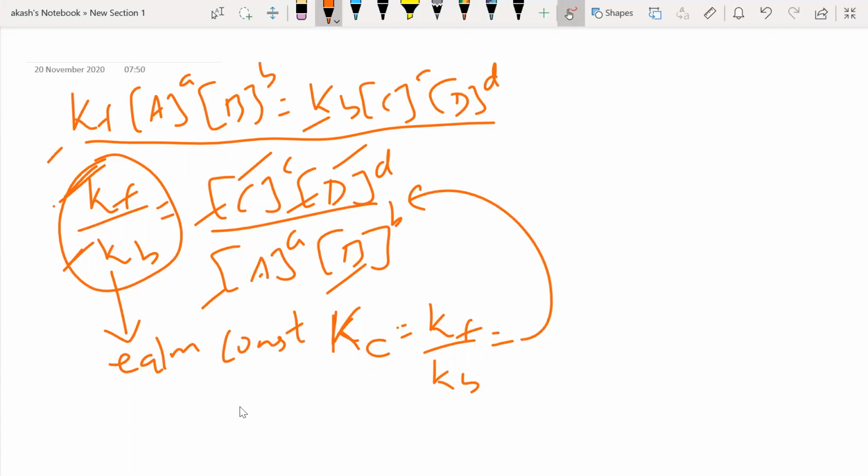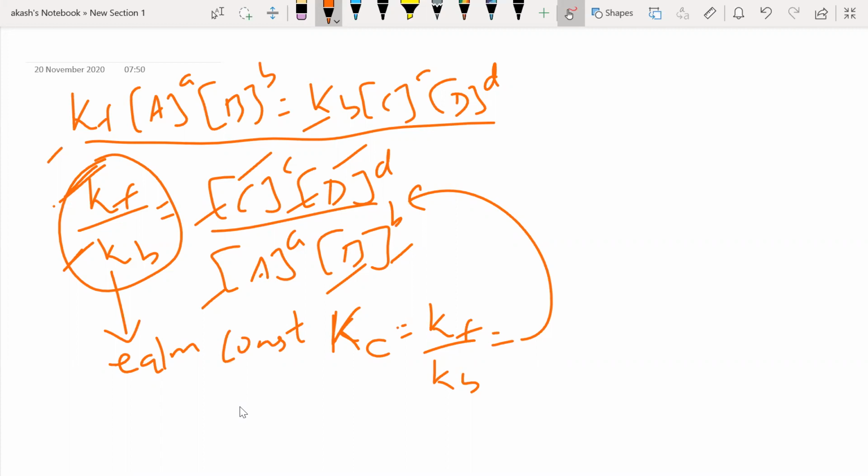Whatever the concentrations are there, that concentration only you have to substitute here. Please be very careful when you do the problem. Initially, they'll give you some amount. Even if they give all amounts of A, B, C, D, that is not the value you take. You make the reaction happen and you reach equilibrium, and those concentrations you substitute here.